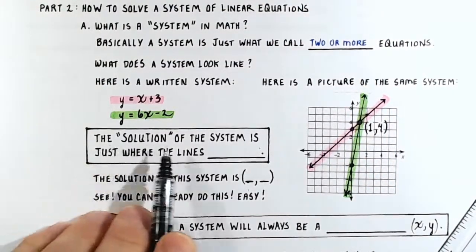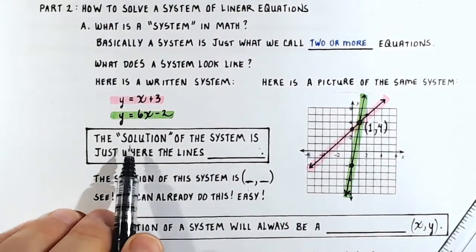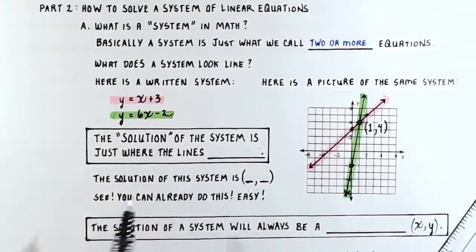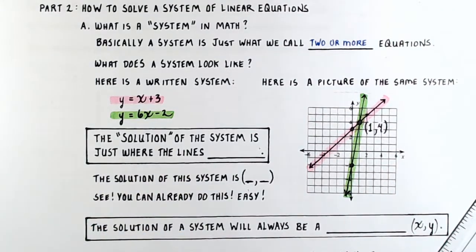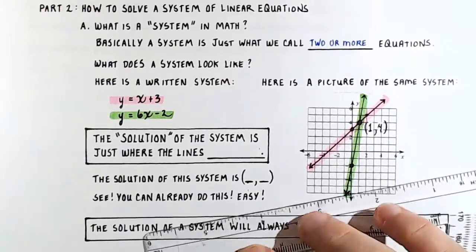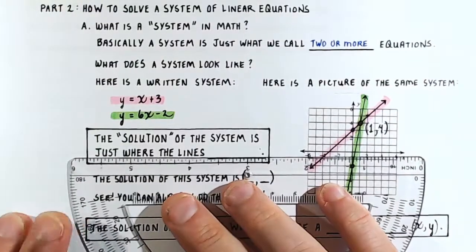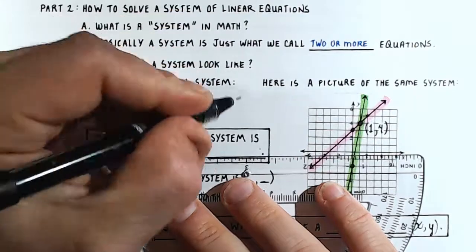Look inside this box here. The, quote, solution of the system is just where the lines, and here you could say cross, right? But we would prefer you use the math term, just where the lines intersect.